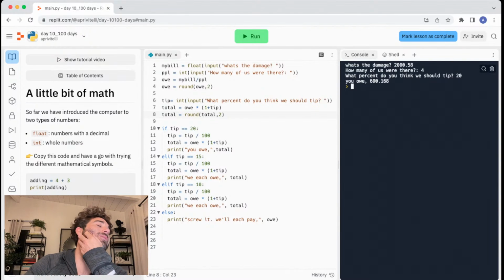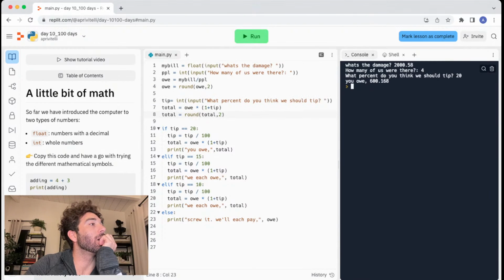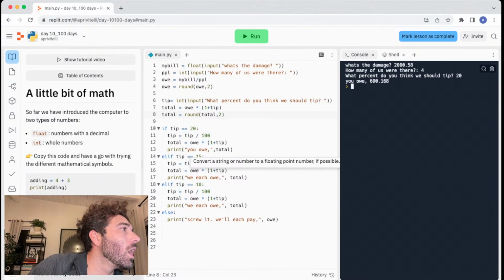And then total equals round total 2. Why? Oh my god, this is bugging me. Oh, I'm not using int. Tip is int. Total. Are all these numbers?